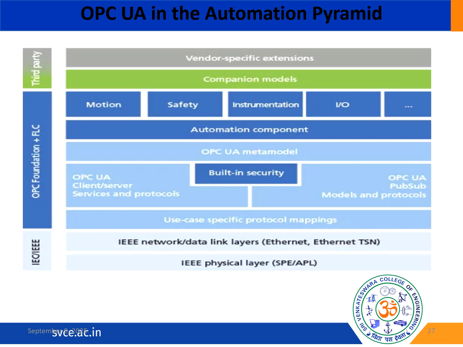The last two layers we call IEEE layers, and the other layers represented in blue are considered to be OPC Foundation plus PLC, and the first two layers we call third party.